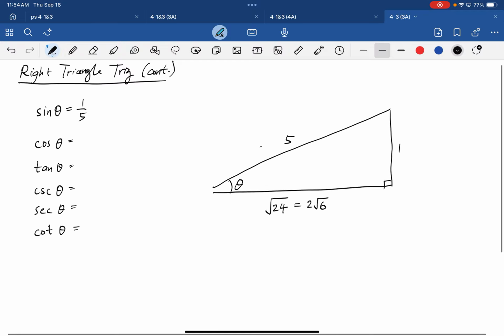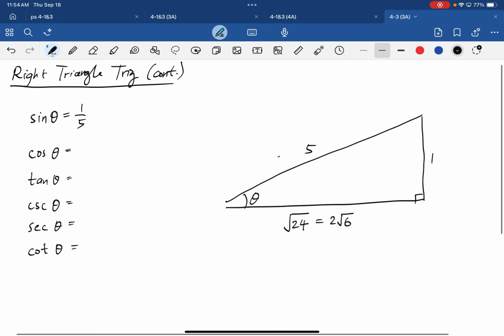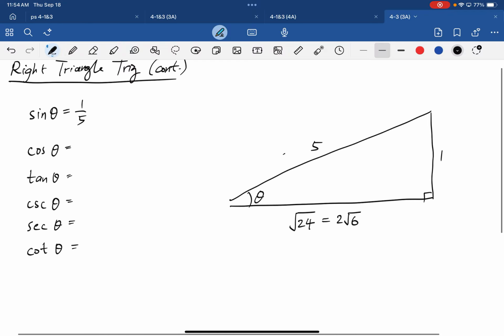So what is cosine theta going to be? Cosine theta is our adjacent side over the hypotenuse, so we write 2 root 6 over 5. Tangent theta is opposite over adjacent, 1 over 2 root 6, and we have to rationalize this, so it's root 6 over 12. Cosecant of theta is 1 over sine theta, so it's 5.